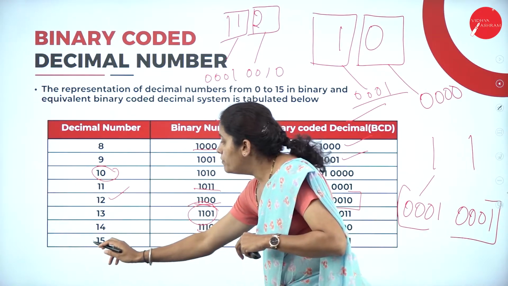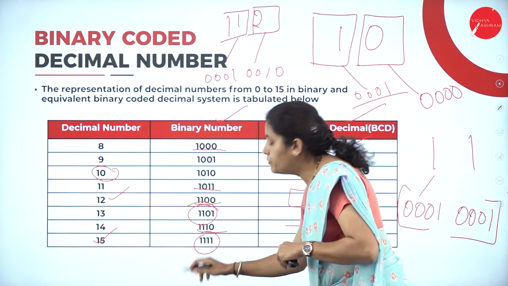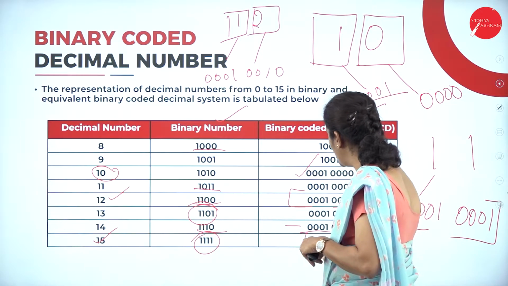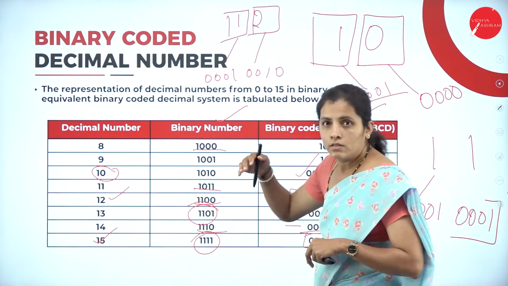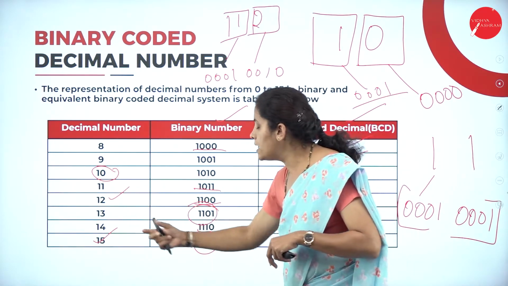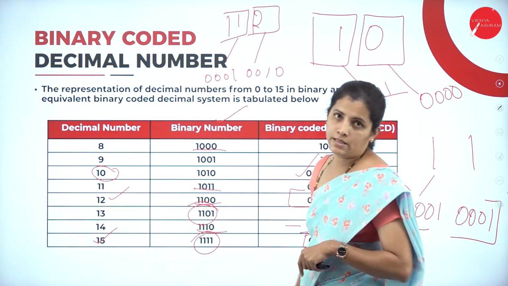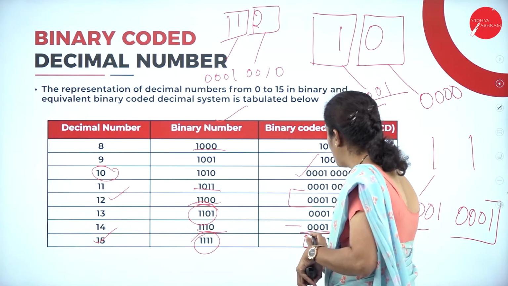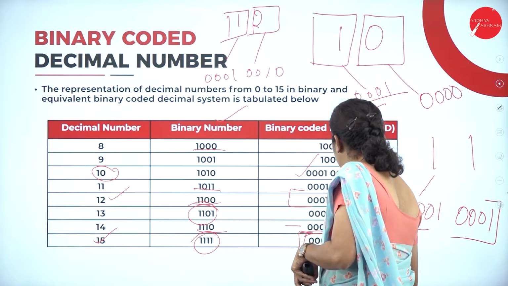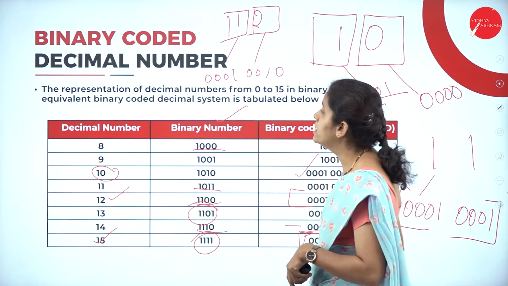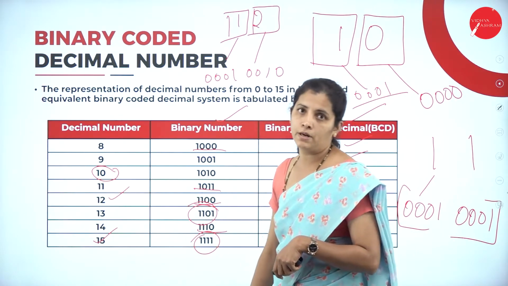Then for 15, what about BCD? First, I'm going to write the BCD number for 1, and I'm going to write the binary representation of 5. Then I'm going to write both the groups of bits together. This is the BCD conversion of the given decimal number.